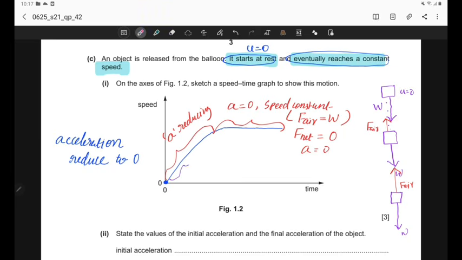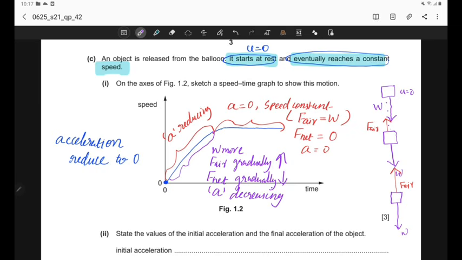But during this section, the weight is more, but the force due to air resistance is gradually increasing, so the net force acting downwards will also gradually decrease. That's why the acceleration is decreasing.